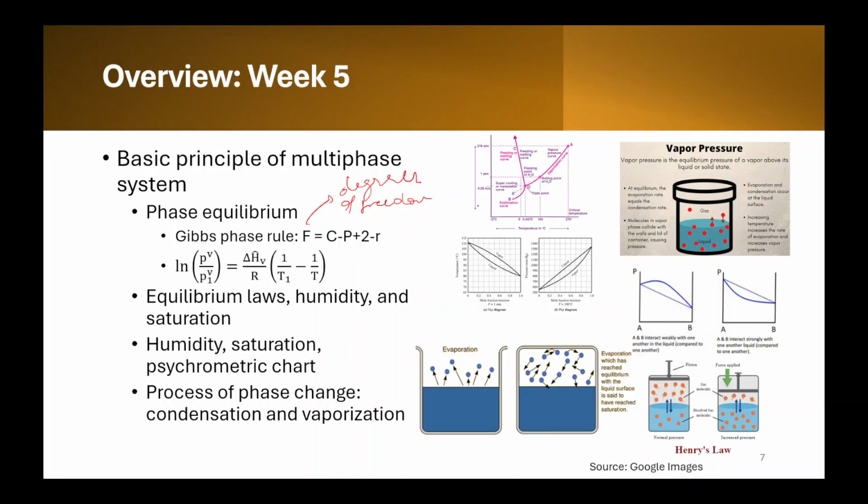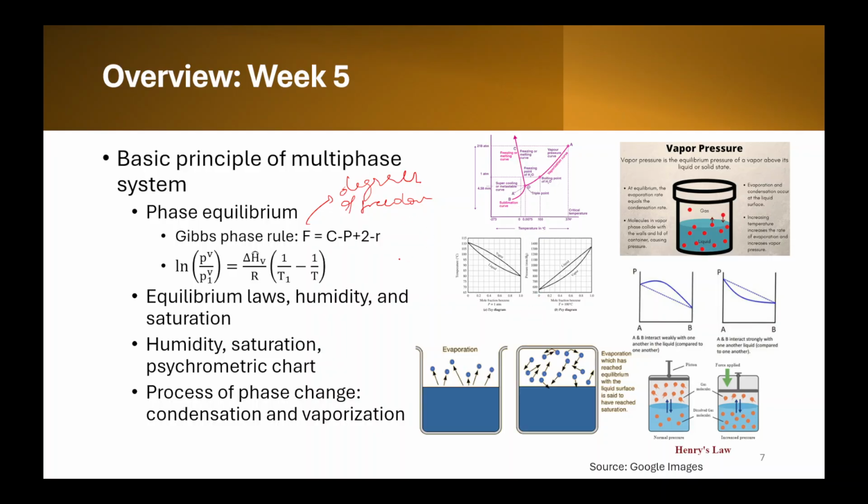We looked at single phase equilibrium and multi-phase equilibrium. This is for a single component water system, and this is for the vapor liquid equilibrium, so there are two phases. Or you can say this is for single component and this is for multi-component. This is also multi-phase and this is also multi-phase.